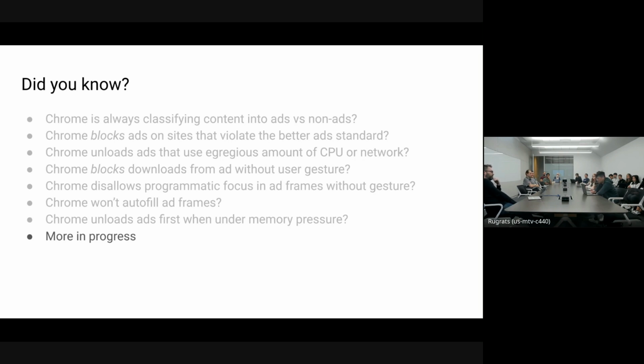I'm wondering about things like disallowing programmatic focus in ad frames. Do you know offhand what the HTML spec says? I guess that's one you just found, right? I literally found it looking through the code, like, hey, what are people doing with this? I don't know. Blocking downloads and ads was in the intervention list, in the web intervention community group.